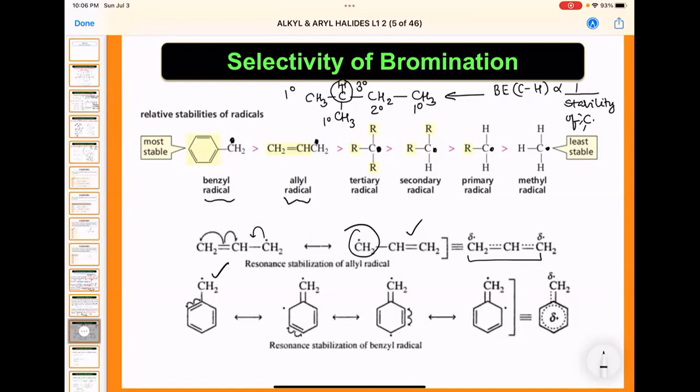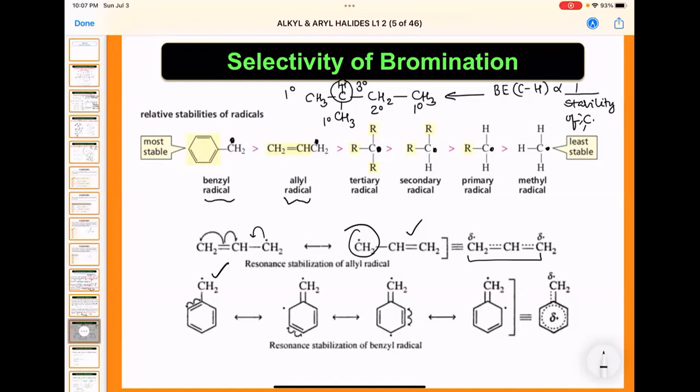Why can that hydrogen be broken so easily? It is because of the radical which is formed here. The radical is very stable, and this benzylic radical formed on the CH2 is adjacent to the benzene, which has three consecutive pi bonds.